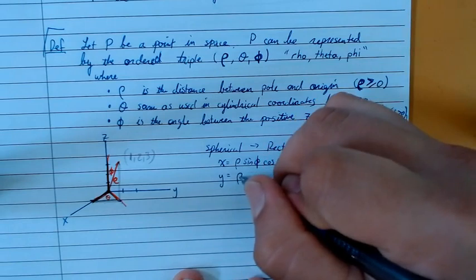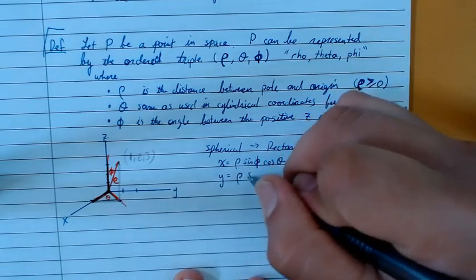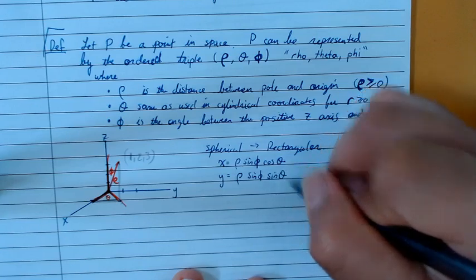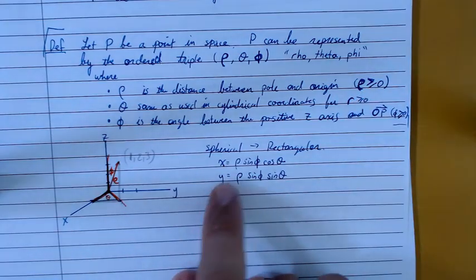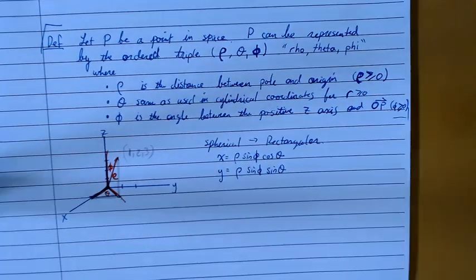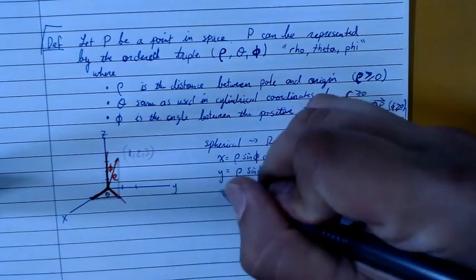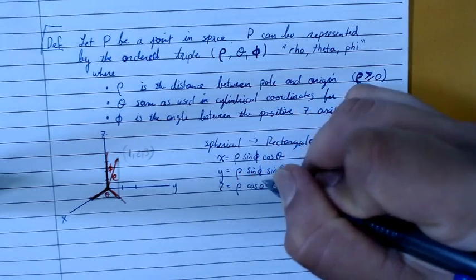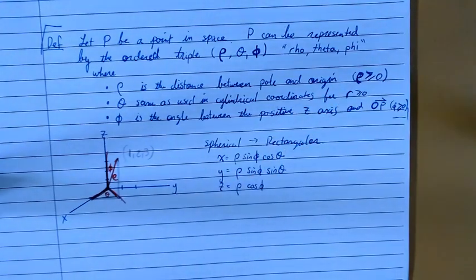Y will be rho sine of phi sine of theta. That's kind of like saying your R cosine theta, R sine of theta. This looks very similar. Finally, here we see Z equals rho cosine of phi. Like this.